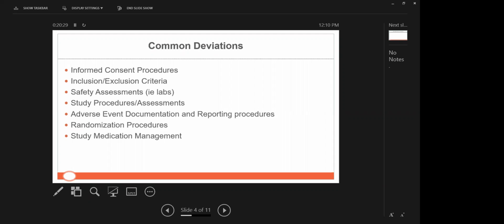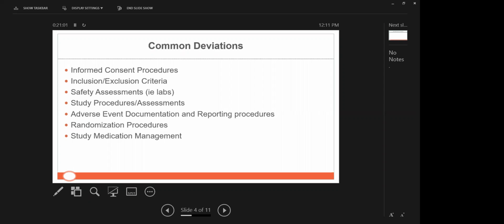Then we have adverse events, so documenting and reporting those. Adverse events are really important in research because we're talking about the safety of the patient in the research study. So these are important to assess at every visit, and make sure you're documenting. Sometimes a CRA will come on site to monitor your site, and may see in the progress note an AE that you forgot to document in your source.